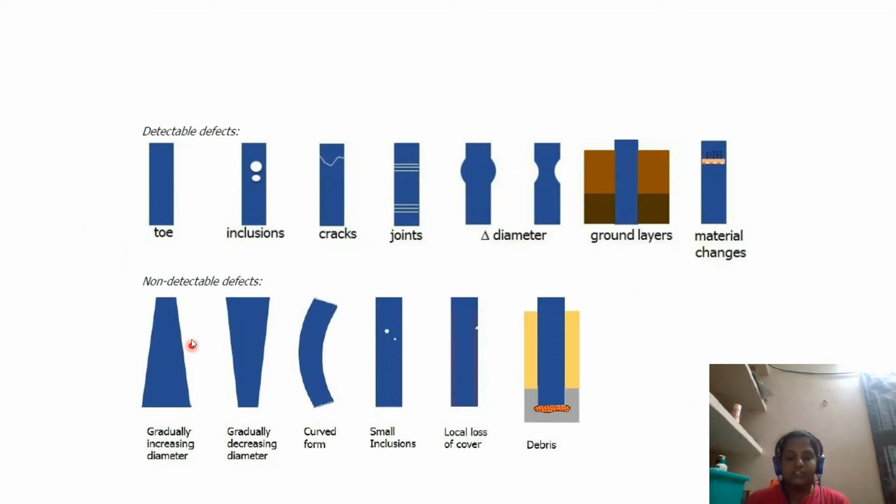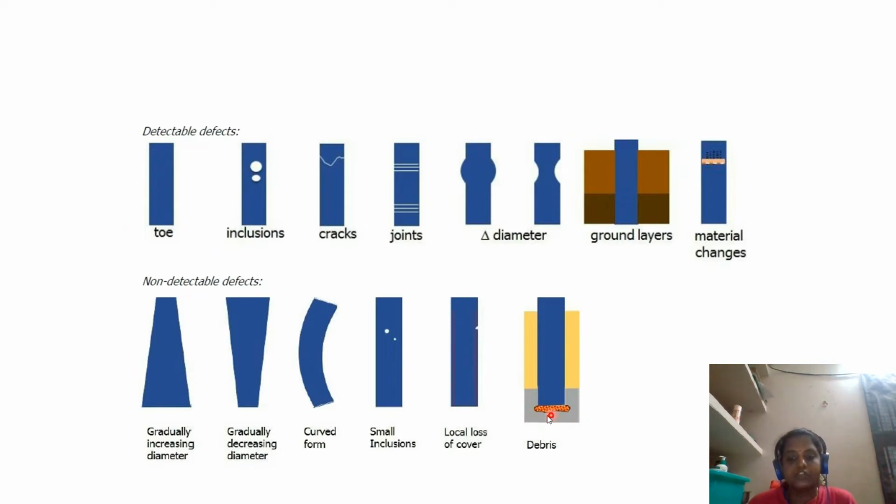So even by doing a low strain test, we may not be able to detect certain defects, like a curved pile, any minor inclusions or minor foreign material, or a smaller loss of soil around the pile. That is, a local loss of cover or local loss of surrounding soil in a very small fraction.